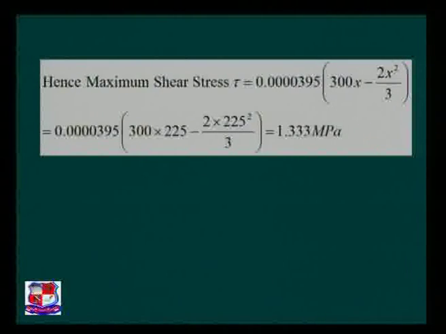So, maximum shear stress tau is equal to 0.40395 bracket 300x minus 2x cubed by 3, and we are placing the value x is equal to 225 mm. We achieve it as 1.333 megapascal.